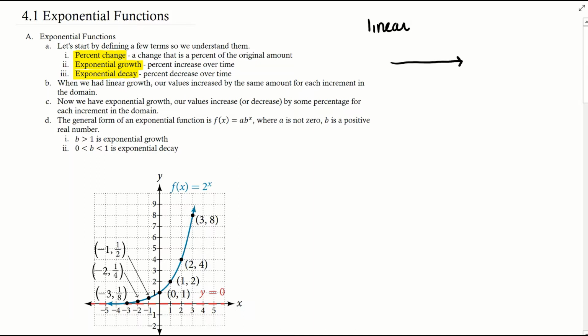So if we were going this way on a number line to the positive, one point would be here, another point would be here, another point would be here, so that, as you can see, it's consistent in how it increases. Now, the exponential will not be quite like that. It will not increase consistently for a set value, for a set amount. It will increase by a percent.